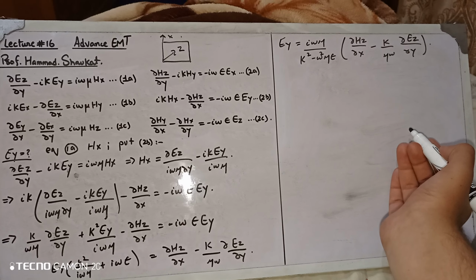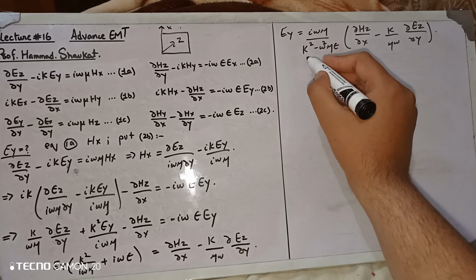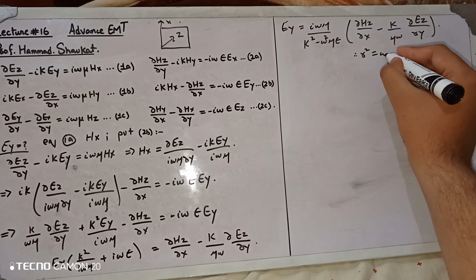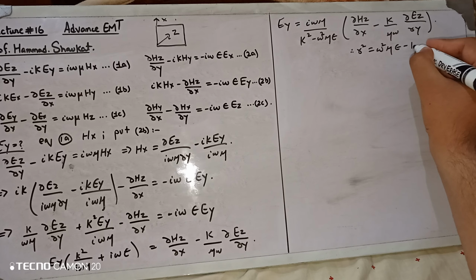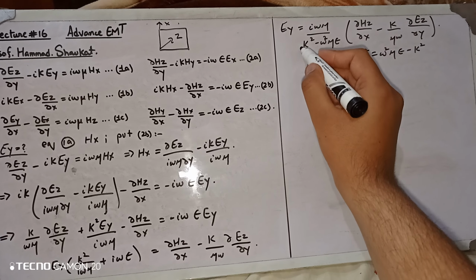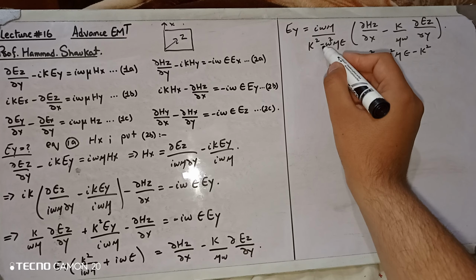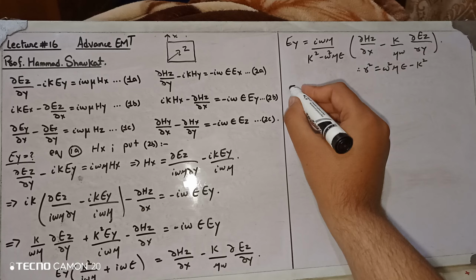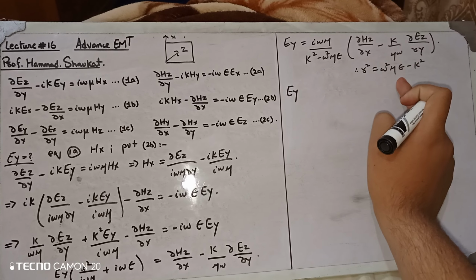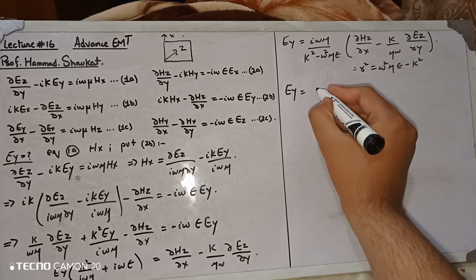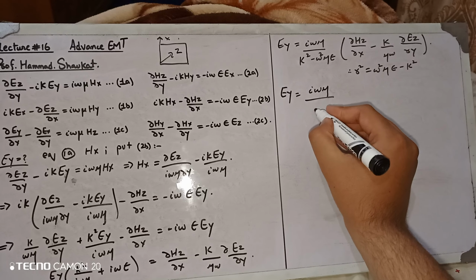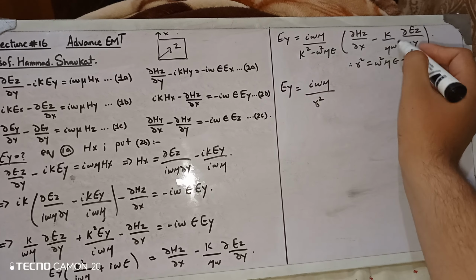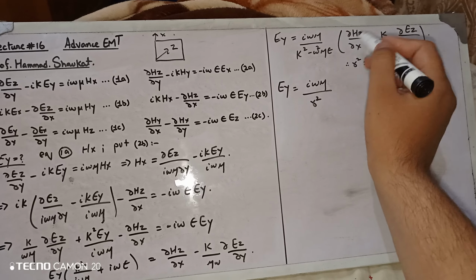Again, we have to make this term r square, but we know that r square is equal to omega square mu epsilon minus k square, but here we need minus and here we need plus. So how can we make it? By taking minus common. By taking minus common, this relation becomes this, and this is r square, so your Ey becomes this divided by r square, because you take minus common, and you can also take minus common from this, minus minus cancel.